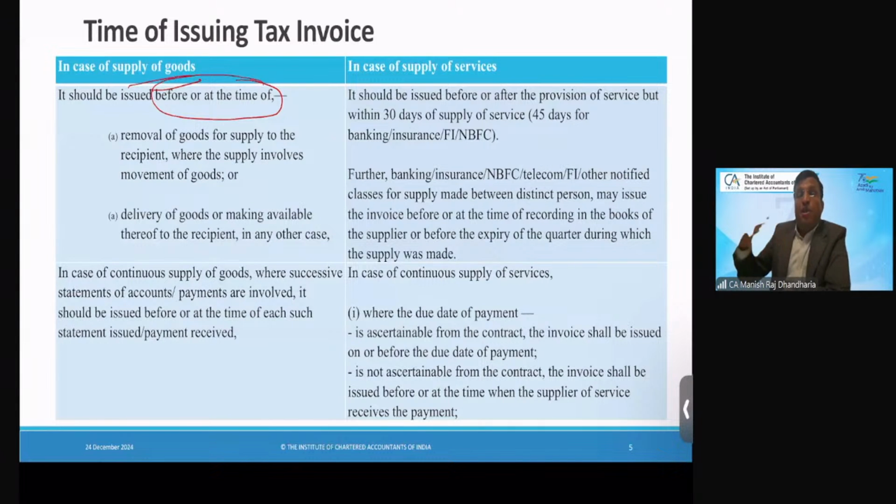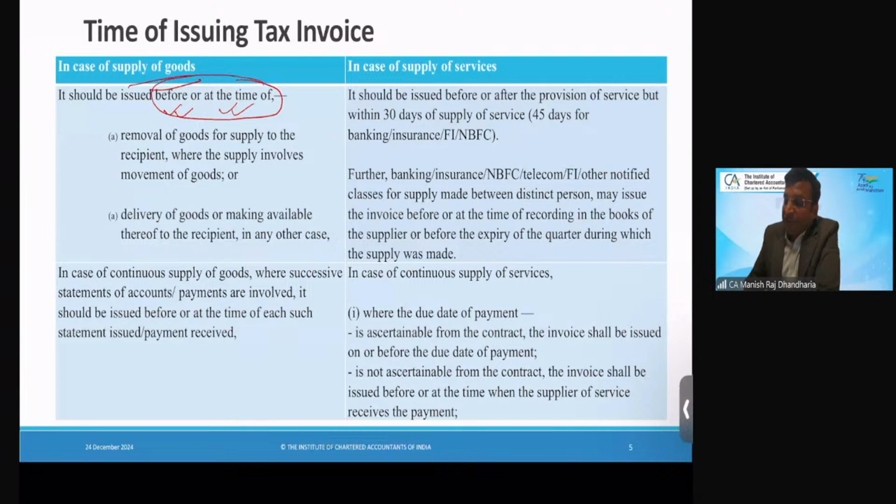But you can't go beyond that. अगर आप टाइमलाइन के बियॉन्ड जाएंगे, then there will be liability of interest. वो बाद में डिस्कस करेंगे. Look, it should be issued before or at the time of what? 2 points are there. Number one, removal of goods for supply to the recipient, where the supply involves movement of goods.